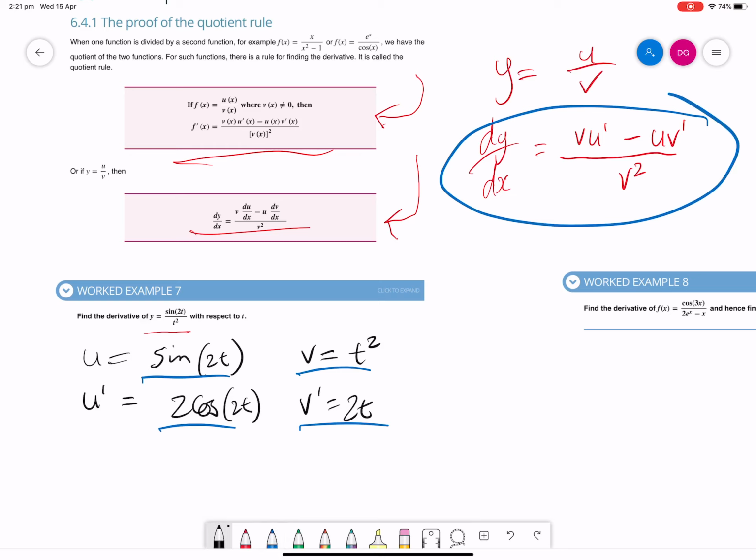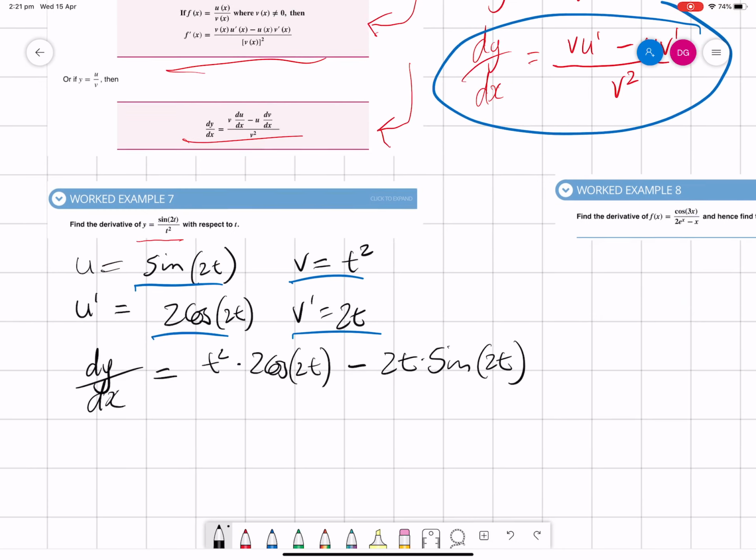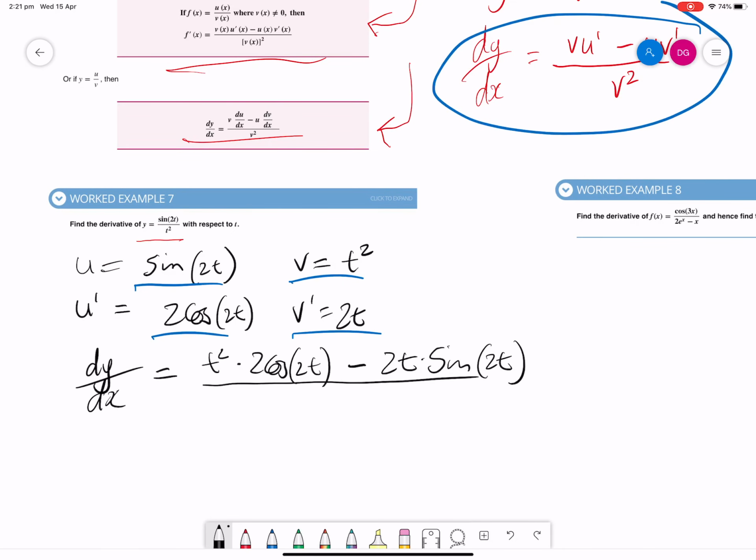So what that will look like is dy dx is equal to v times u dash, so that's t squared times 2 cos 2t, minus u times v dash, so that's 2t times sine of 2t, divided by v squared, so t squared squared.